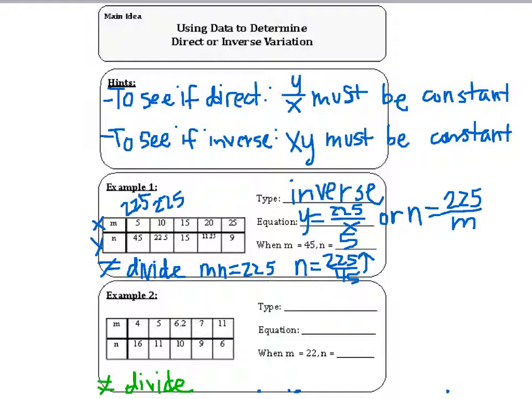Let's try multiplying. I'm going to pick a couple easy ones here. 11 times 5, that's 55. 6 times 11, that's 66. 55 and 66 are not equal to each other. So it's not equal when you multiply. Okay, so our answer is neither.